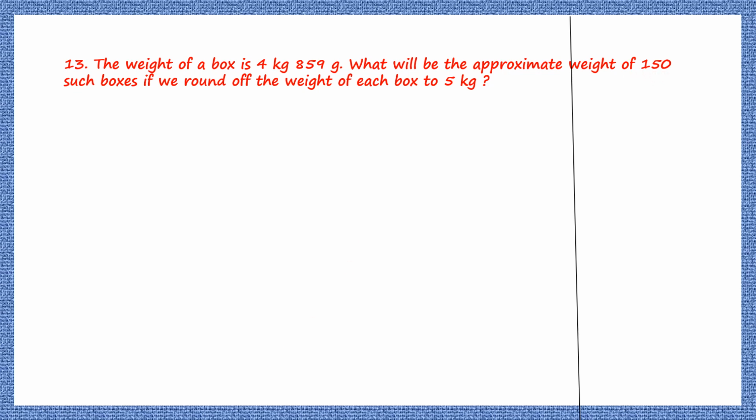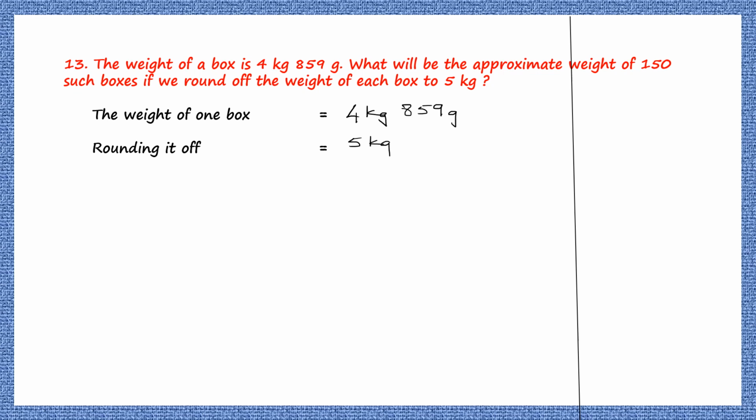So let's begin by writing the weight of one box given to us is 4 kilograms 859 grams. Now we have been asked to round it off, so we have only 5 kg. So instead of 4 kg 859 grams, we are writing 5 kg because we've been asked to round it off to 5 kg. Now we have to find the weight of 150 such boxes. So the weight of one box is 5 kg.